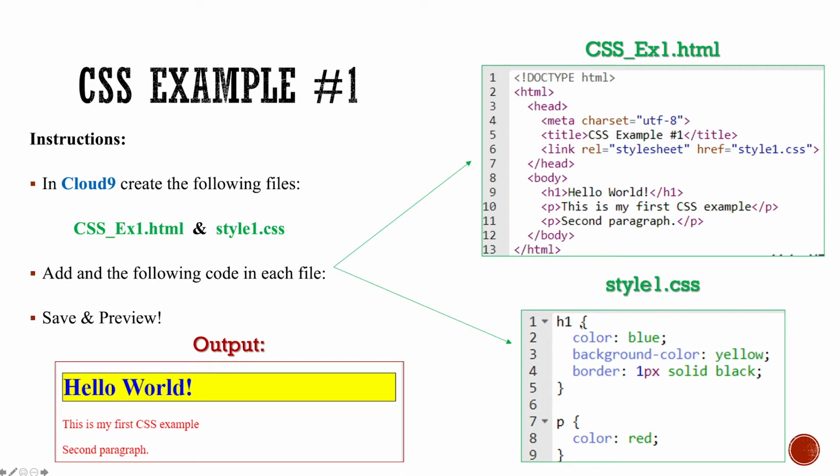In the CSS file, I select the H1 tag to have a color of blue, a background color of yellow, and a border of 1 pixel solid black, and I have the paragraph with a color of red. So this is the result.